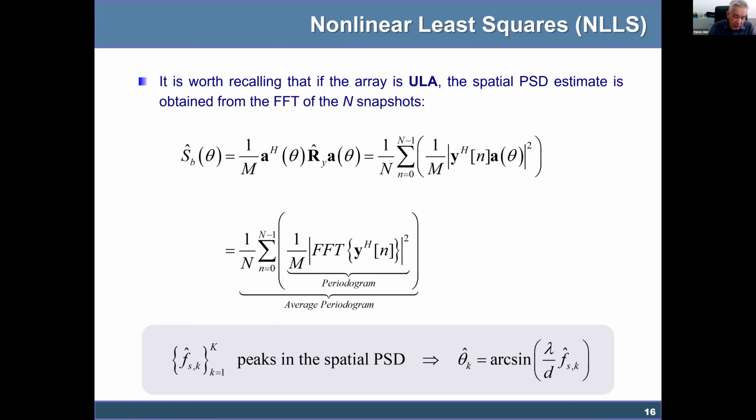So we take the snapshot, we calculate the fast Fourier transform, then modulo square divided by the number of sensors. We do this for all the snapshots, and then we average. The fact that we can use the fast Fourier transform allows a significant reduction of the computational complexity. So, I mean, this is very important.